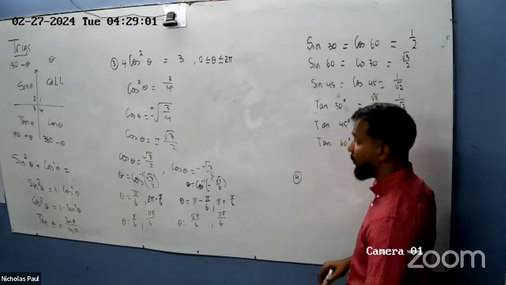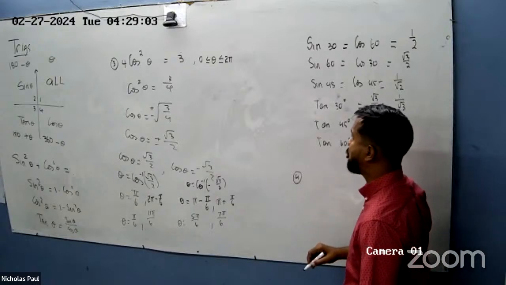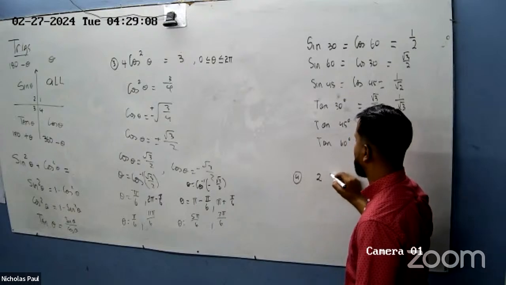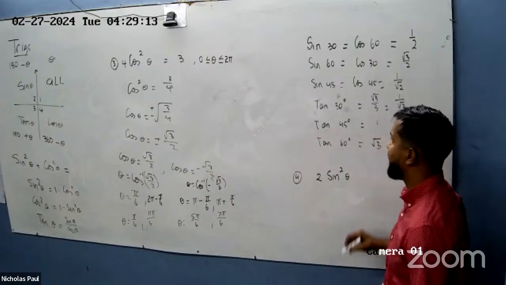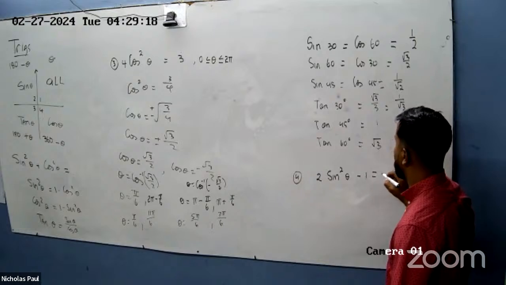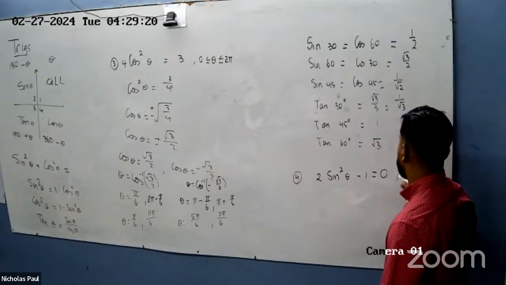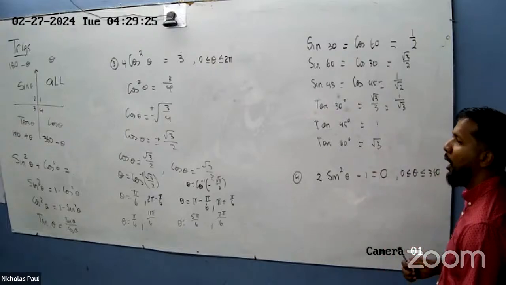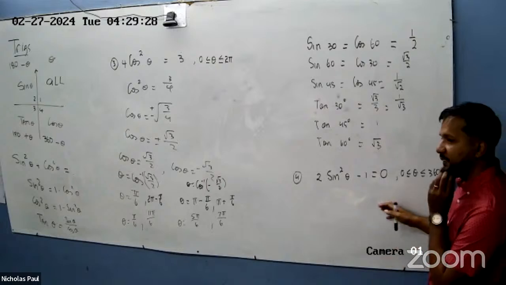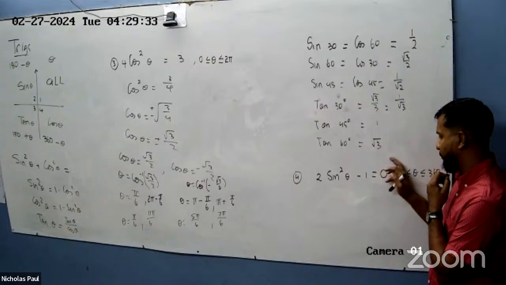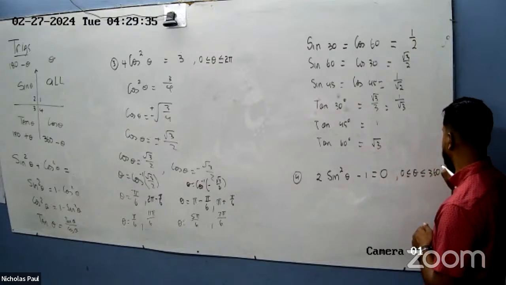Let's go again. Number 4. Work out this: 2 sine squared theta is equal to 0. I'll check it to make sure it's working out good, right?